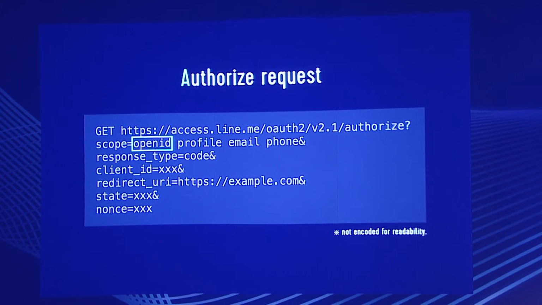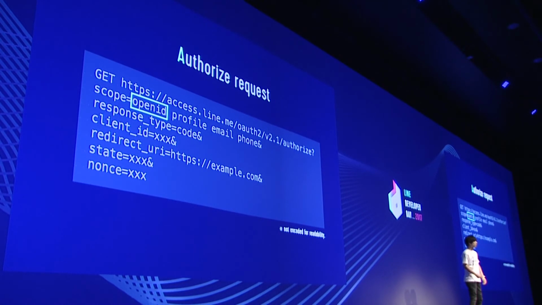By doing so, LINE's authorization server understands that it's using OpenID Connect for integration. For response type, it only supports the authorization code flow, so you can just specify code. And for client ID, there is your own channel ID that you created at the Developer Center.